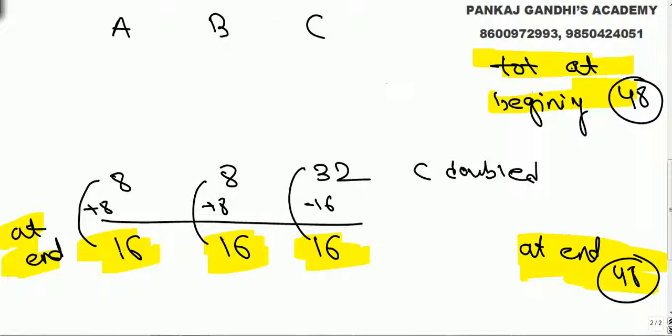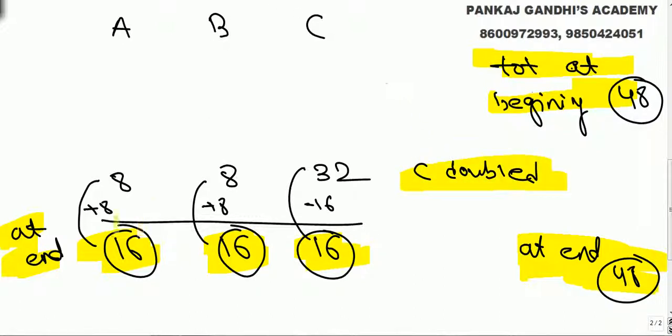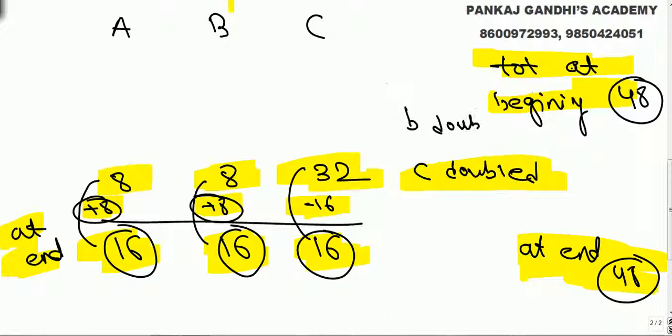I repeat, at the end each had equal, total 48. After doubling is 16, so before doubling 8. C gave 8 to A, 8 to B, he gave 16 and he is left out with 16, means before doubling he had 32. Now before this step B doubled.